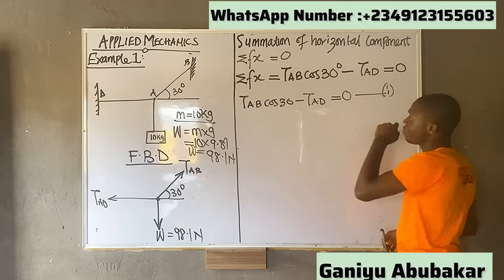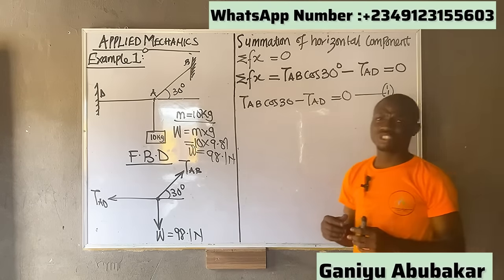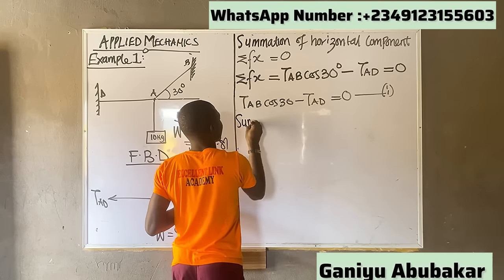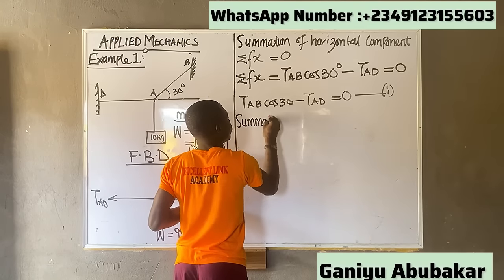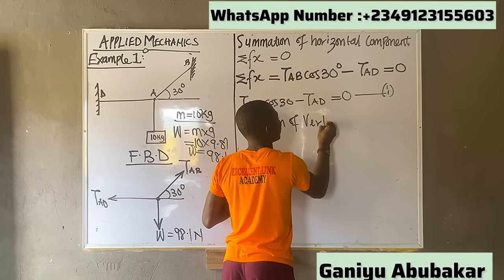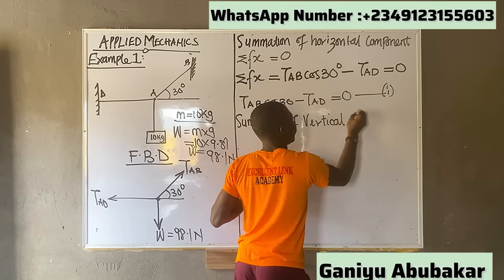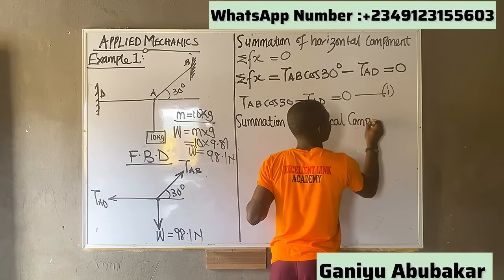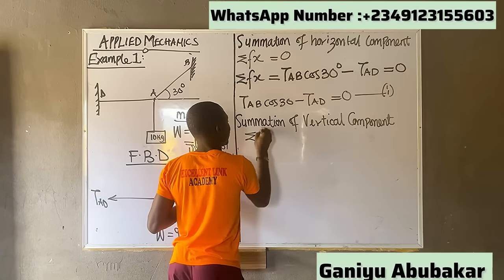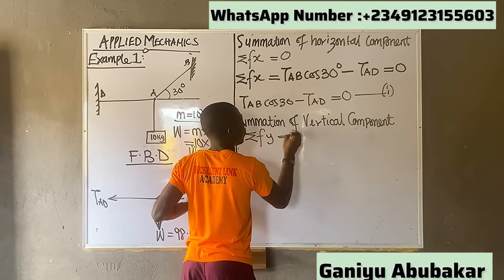This is my first condition. Done. The second condition says the summation of vertical components, summation of Fy, equals 0.